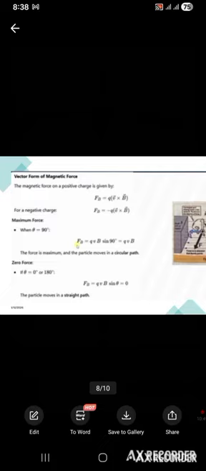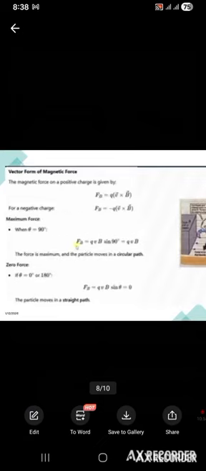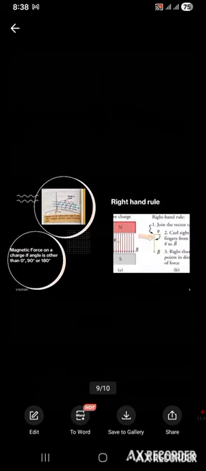I have already discussed that. Zero force means theta is equal to 0 degrees or 180 degrees, that is parallel or anti-parallel to the external magnetic field, then F_B equals qvB sine theta, which is equal to 0. We say that the particle moves in a straight line.